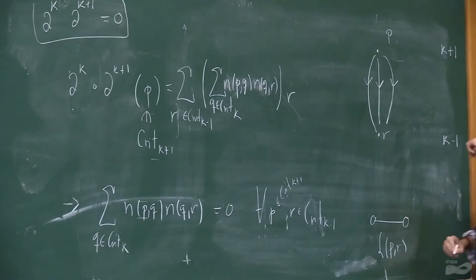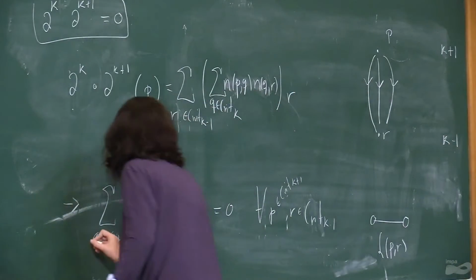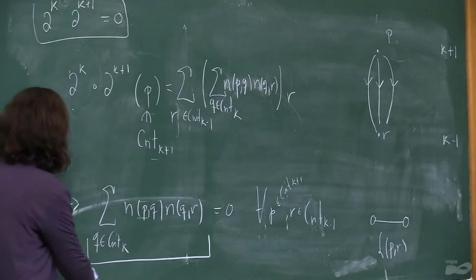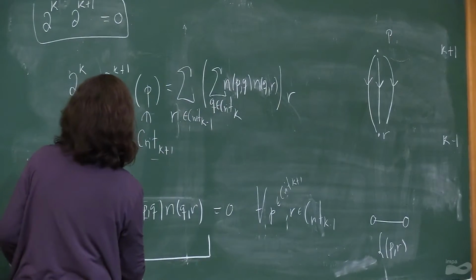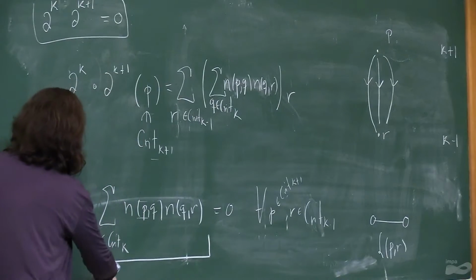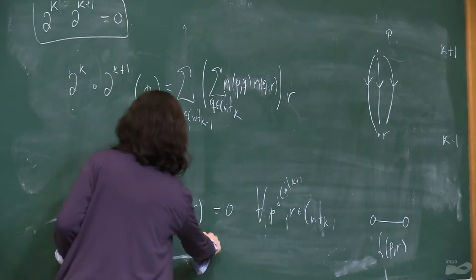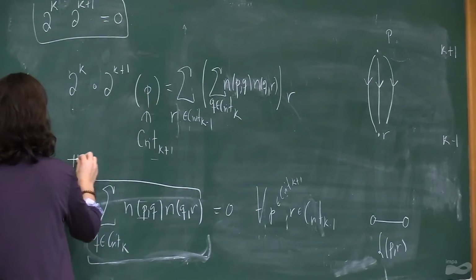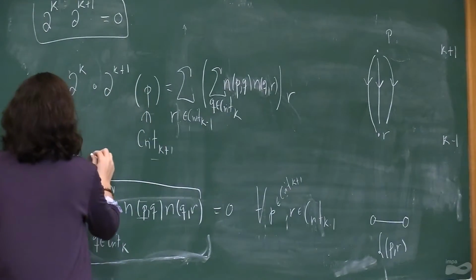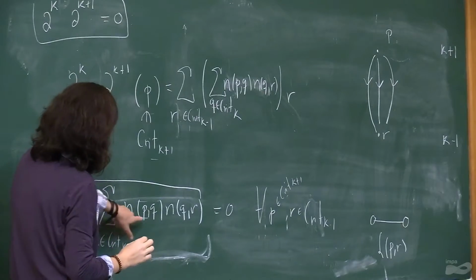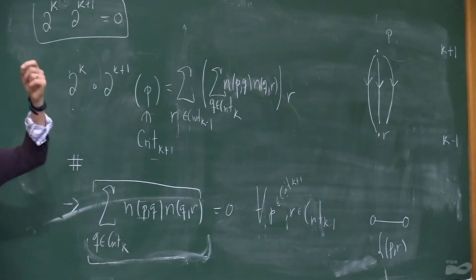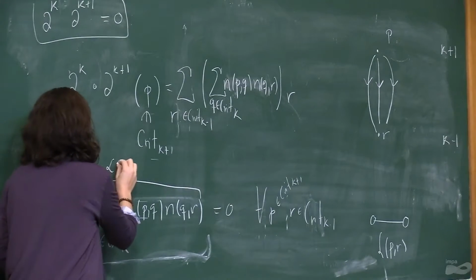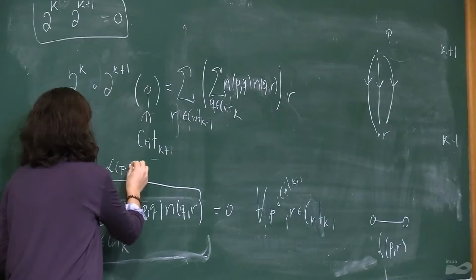Okay. Now, what we are counting here, let me write it up here. What we are counting here is the number of elements of, so this N_PQ is the number of trajectories connecting P to Q, right? So the number of elements in here.